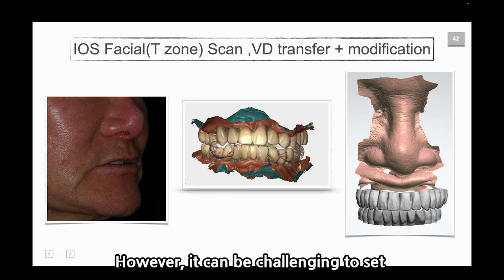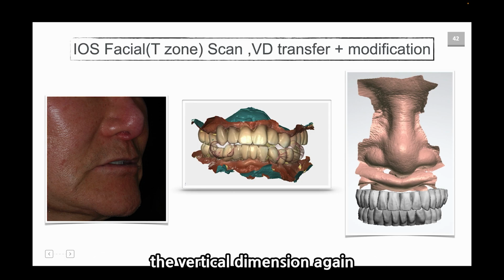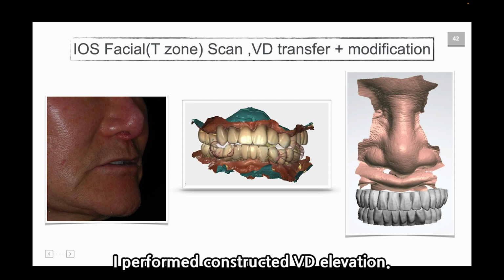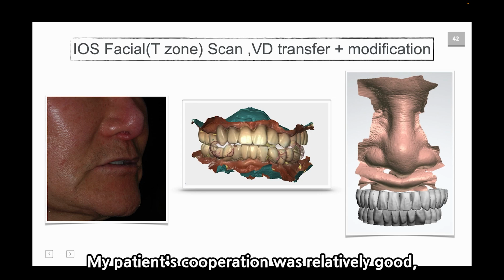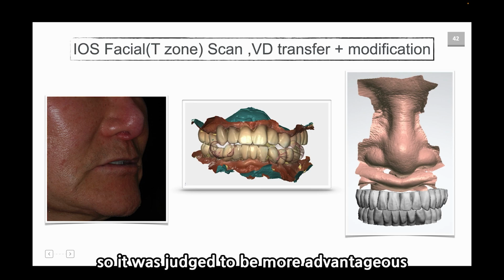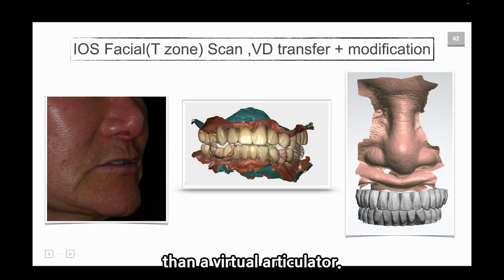However, it can be challenging to set the vertical dimension again after removing all temporary teeth. Using existing temporary teeth, I constructed a 3D elevation. My patient cooperation was relatively good, so it was judged to be more advantageous than a virtual articulator.